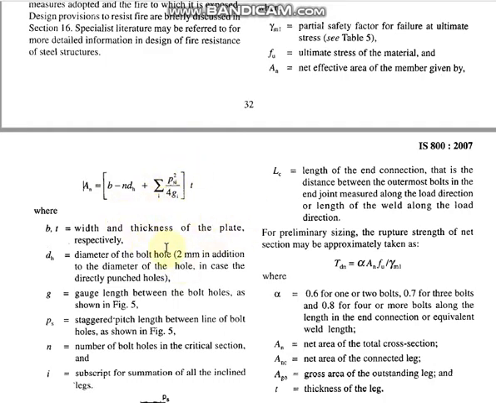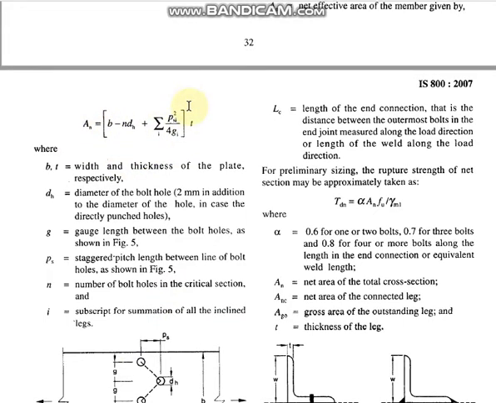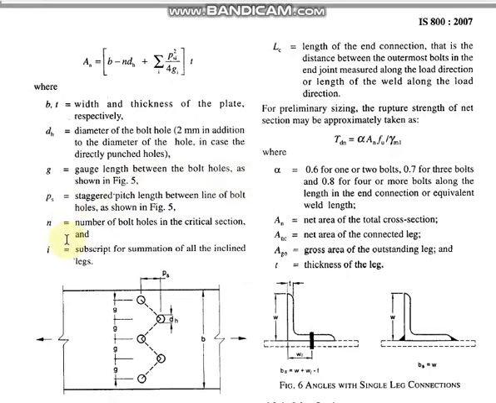If the bolts are arranged in a staggered manner, this formula is used to calculate the net effective area, where b and t indicate width and thickness of the plate, dh is the diameter of bolt hole, g indicates gauge length between the bolt holes, ps indicates staggered pitch length between line of bolt holes, n is the number of bolt holes in the critical section, and i is the subscript for summation of all the inclined legs.